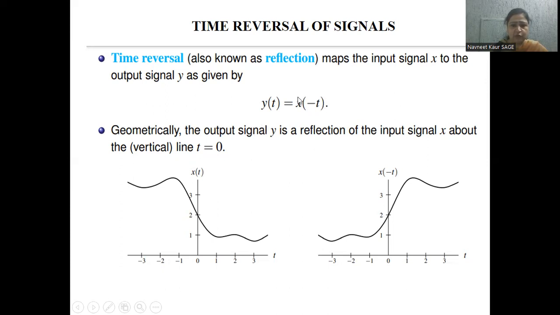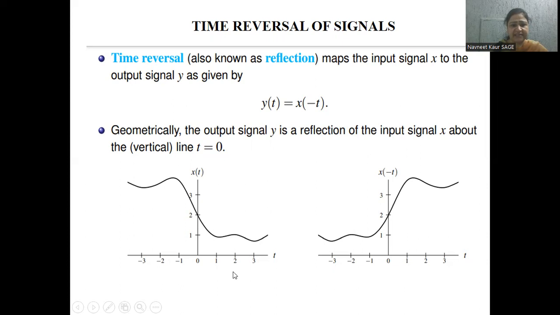Whatever the value of the signal x(t) is at t = 1, now it will be at t = -1, and vice versa. That means whatever the value of the signal is at t = -1, now it will be defined at t = 1. Similarly, it will be true for t = 2, 3, 4, and so on.